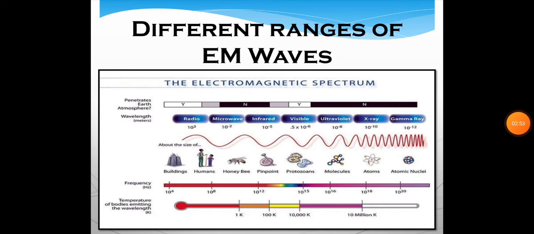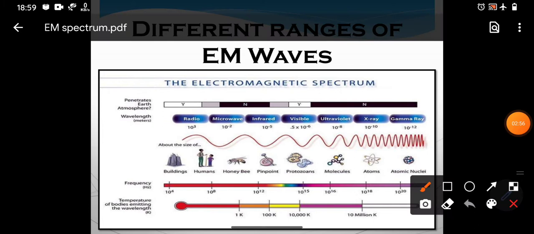You can see here different ranges of electromagnetic waves. The size of the wavelength of radio waves is nearly about the size of buildings, and these are the gamma waves.